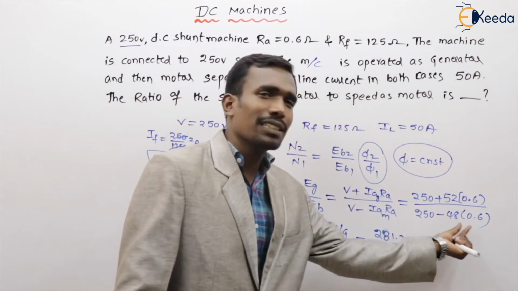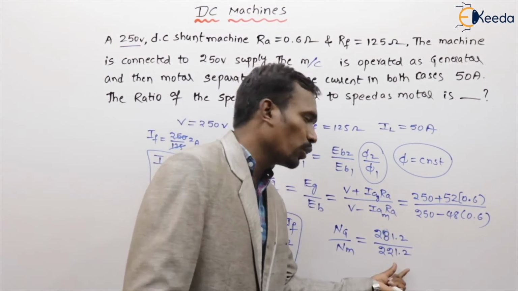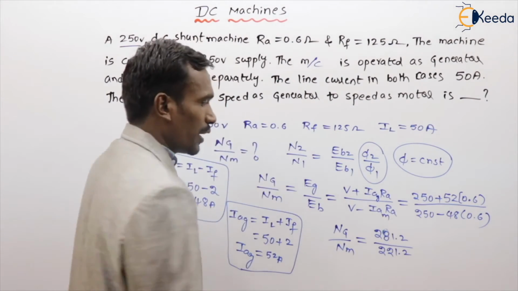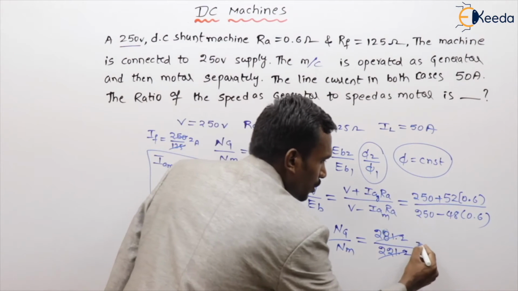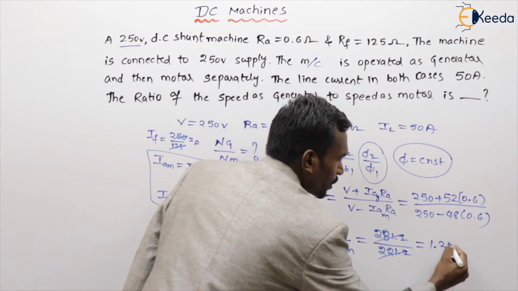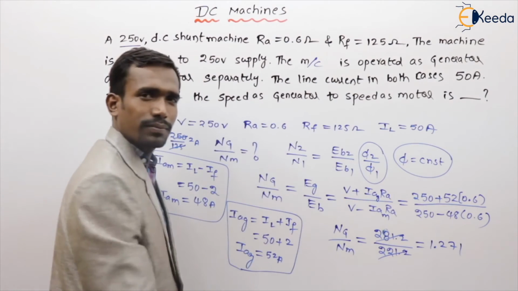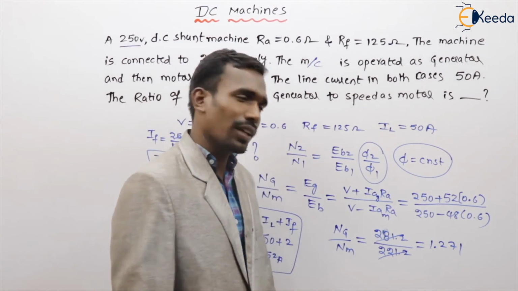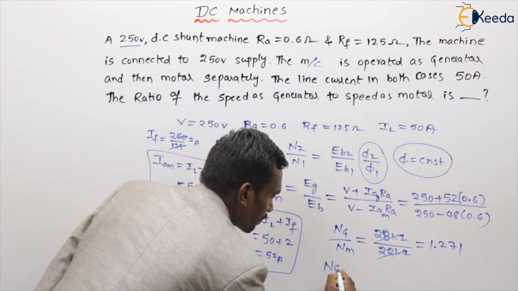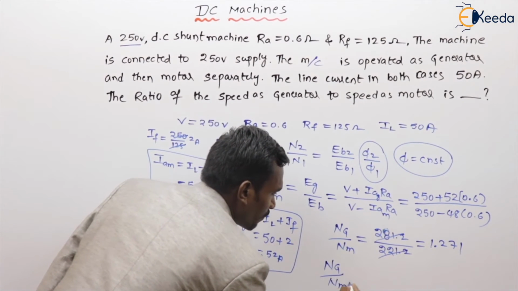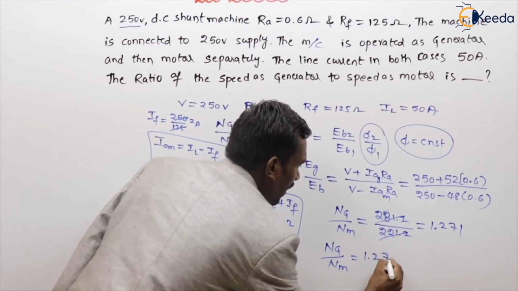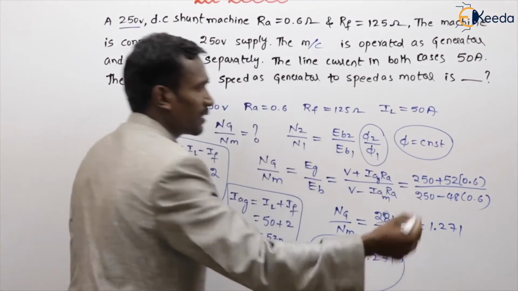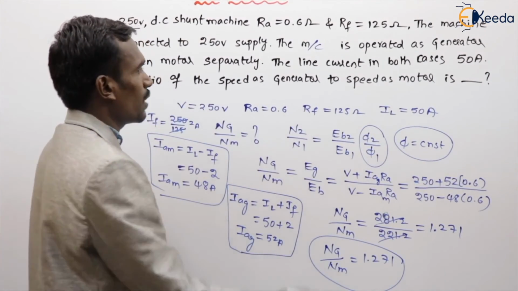And 250 minus 48 into 0.6 gives 221.2. If you calculate 281.2 by 221.2, you get 1.271. So finally, the speed of generator to the speed of motor is 1.271. This is the answer.